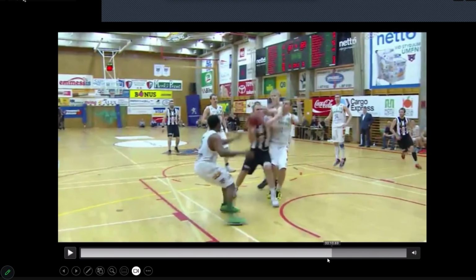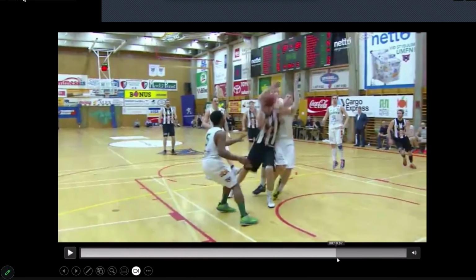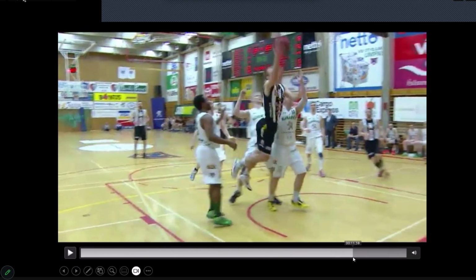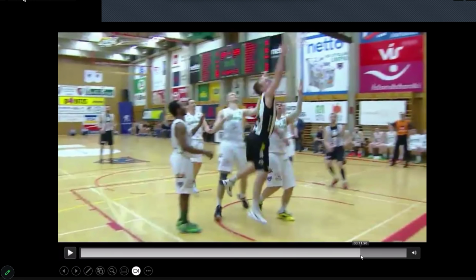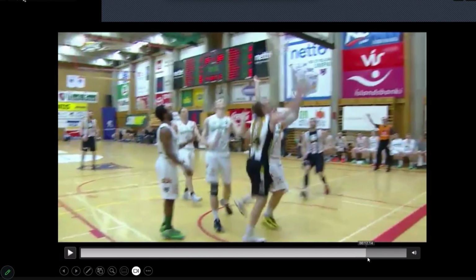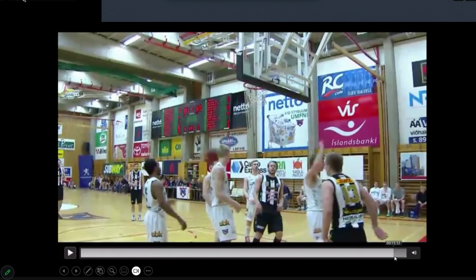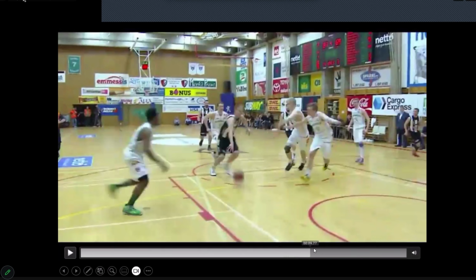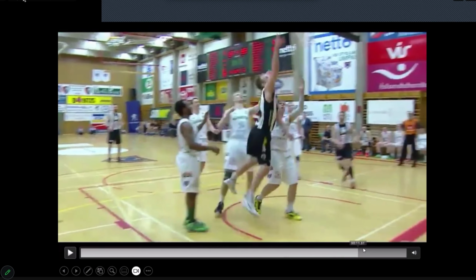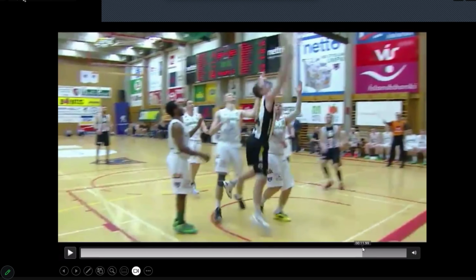So this player, there's contact. He's trying to back off that contact. And the lead feels that this player put that ball in no problem. Okay. So center could try to stay away from that call.